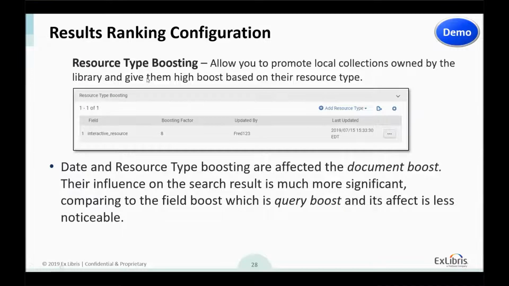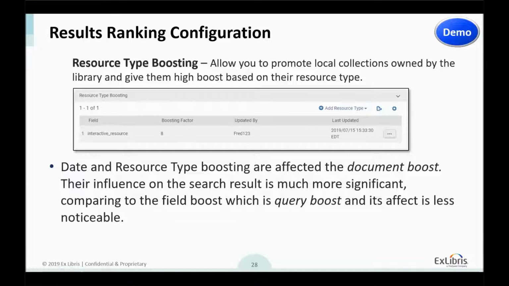The third option is defining the boosting based on resource type. This gives you the ability to promote local collections that are owned by the library and give them a high boost based on the resource type. You can add any resource type with a boosting factor.